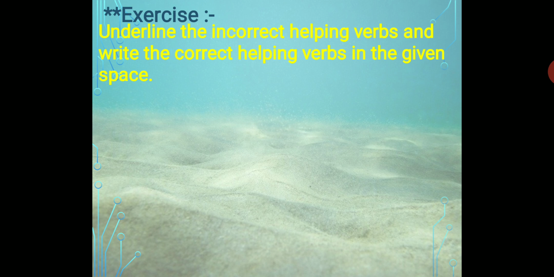Let's do the exercise. Number 1, students has new bag. As we know, if we want to represent the verb, we need a noun. So here, how many nouns are there? Students means singular or plural? Plural.